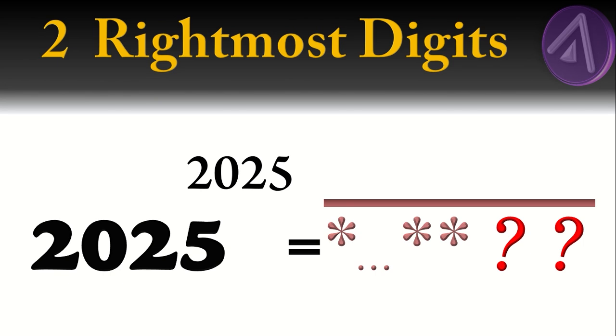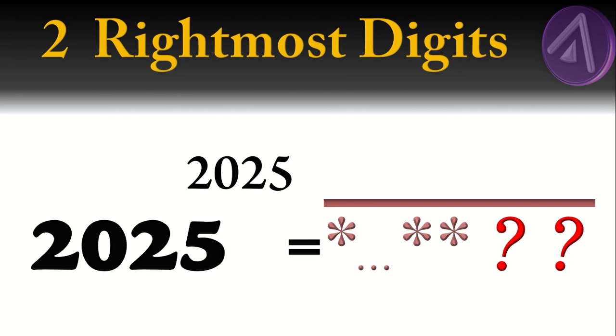In this episode, we are going to find the two rightmost digits of this huge number, 2025 to the power of 2025. It means that 2025 is multiplied by itself 2024 times. How do we get this number and its two rightmost digits?